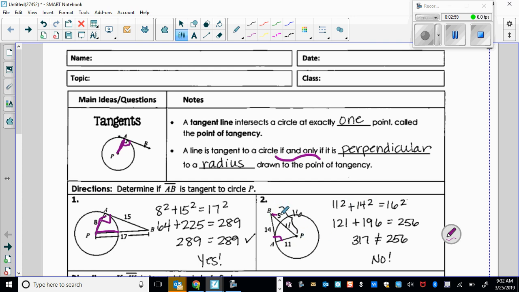They only gave you the distance from here to here, but you knew this was the radius, which was 11, so the hypotenuse becomes 16. Is 11 squared plus 14 squared equal to 256? As you can see, it's no. That's all we have to do. If it does not satisfy that, then it is not a tangent line.